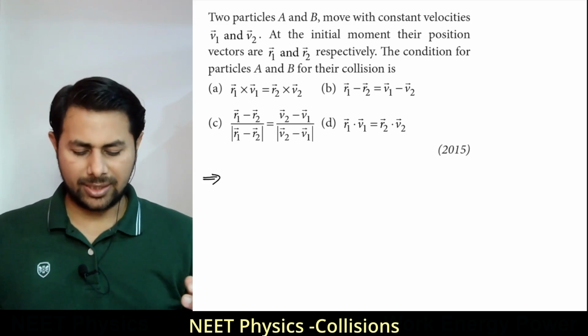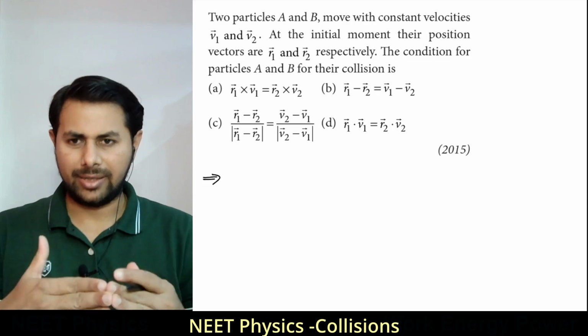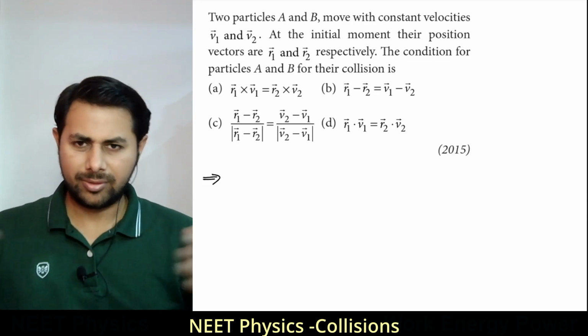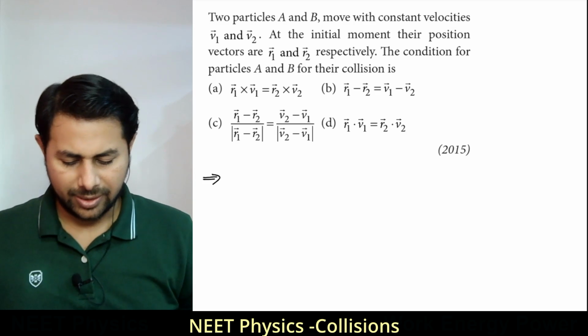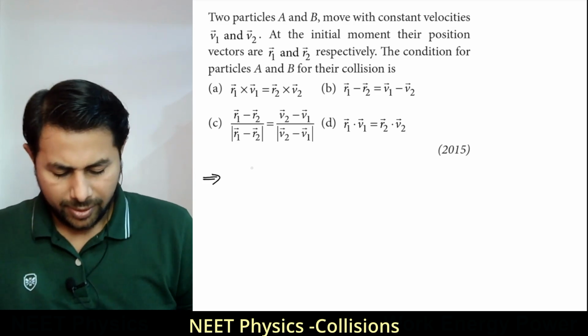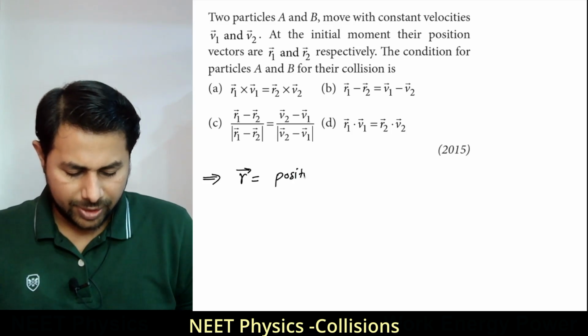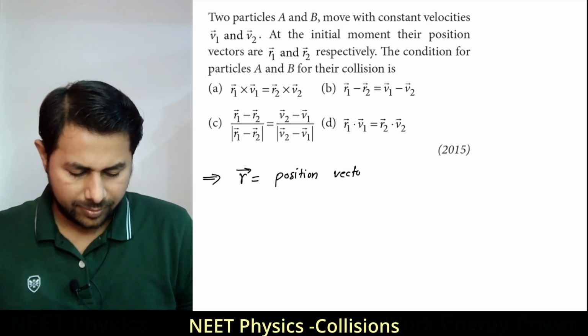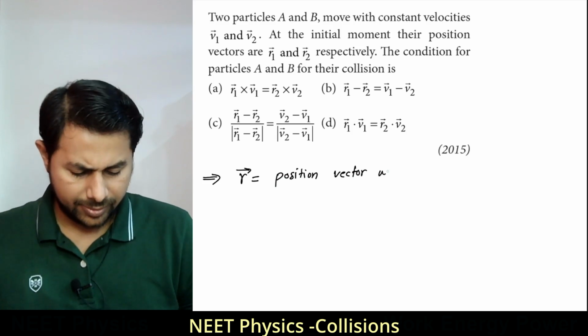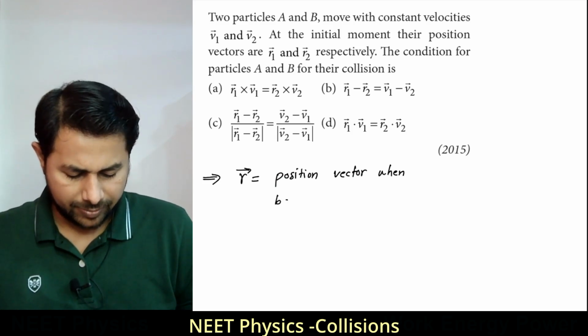Initial position vectors are different, but when they collide, their position vector will be equal. They meet at one point, right? So suppose r bar is the position vector when the bodies collide.